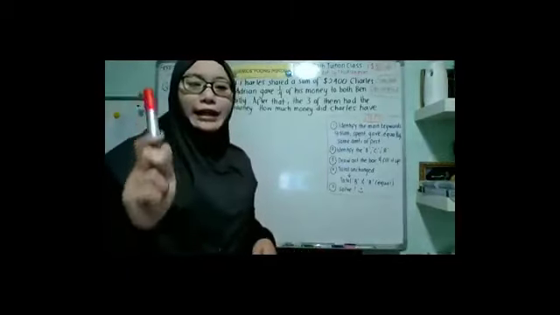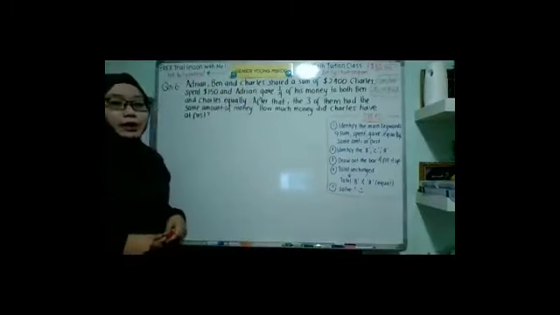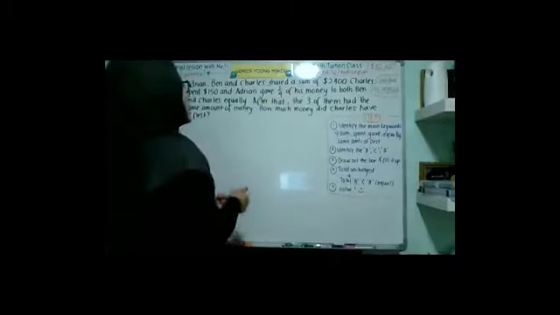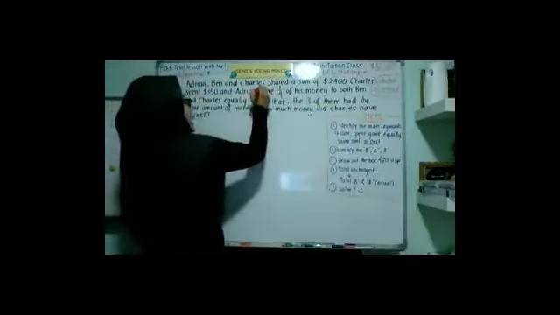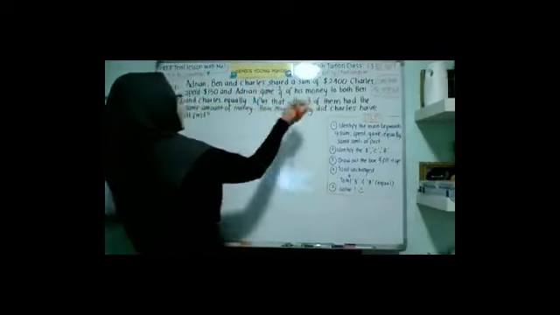Number one, we have to identify the main keywords. While you are reading the first time, you will have come across these main keywords. The main keywords here are sum, then the word spent, the word give, then the word equally, then same amount, and of course the words at first.